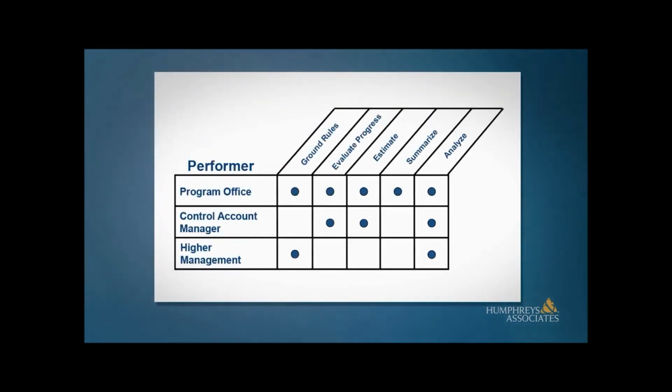Once the ground rules are defined, the project's progress to date must be established. What has been accomplished must be accurately assessed to determine how much work is remaining. An estimate is then made of the cost and schedule for the work yet to be done. The Control Account Manager, or CAM, must evaluate progress and estimate the resources required to complete the remaining tasks.